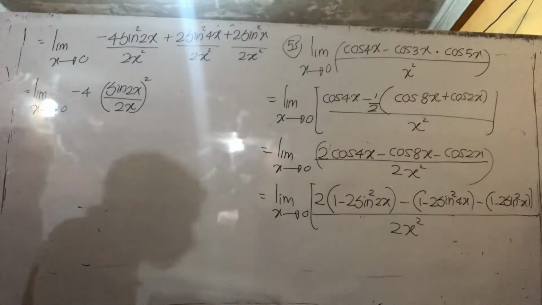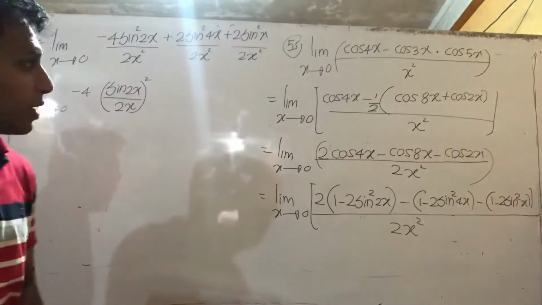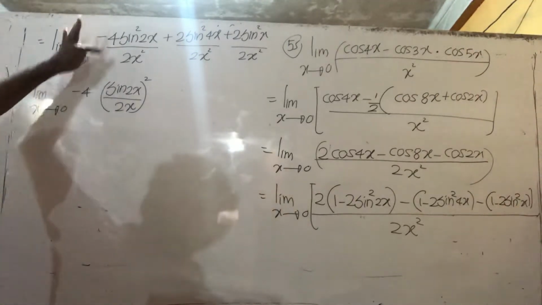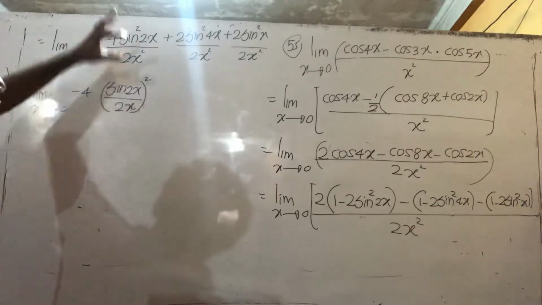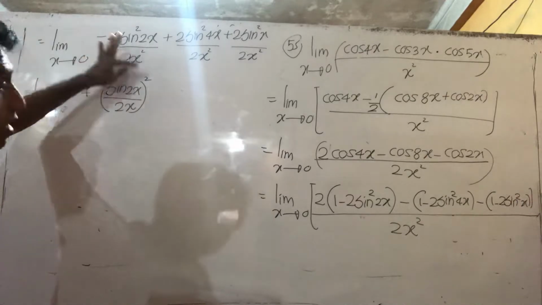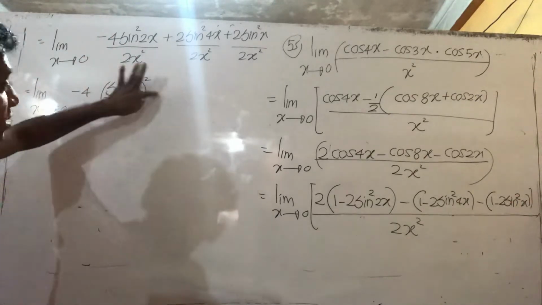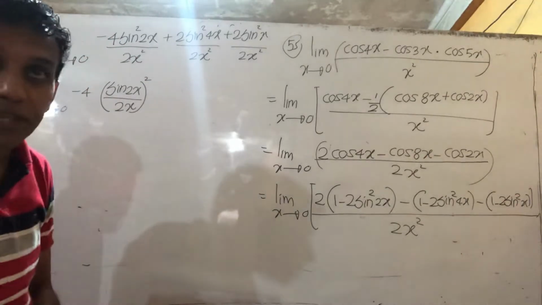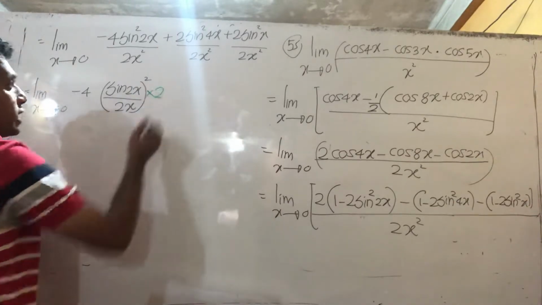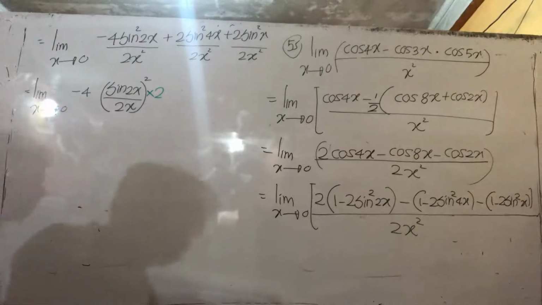Sine 2 theta over theta pattern. Is there any additional term? Here 4 is okay, sine square okay, x square okay. Actually 2 here, but 4, so make that 4 into 2. Therefore I multiply by 2 here. Check, is it okay?